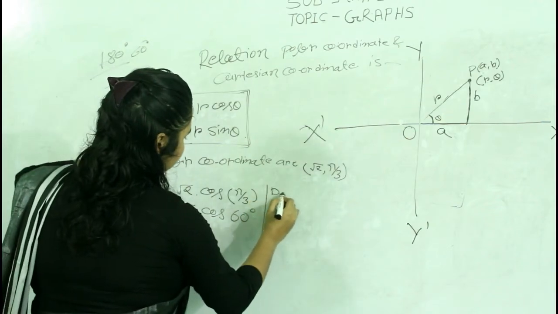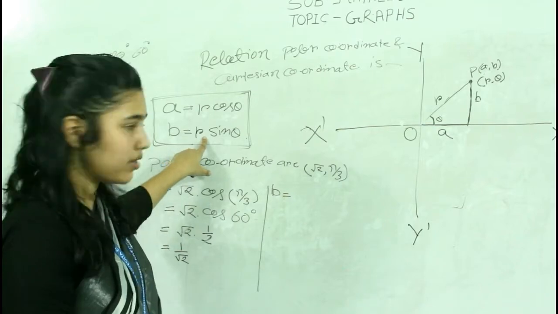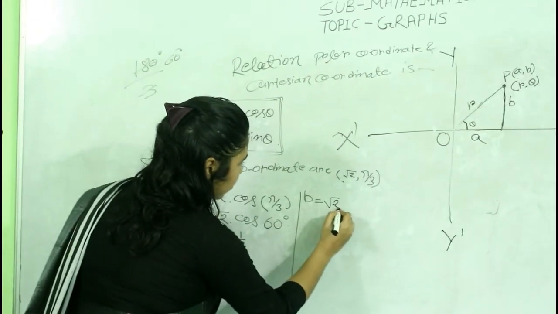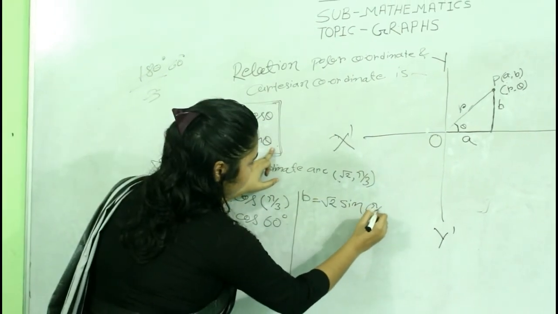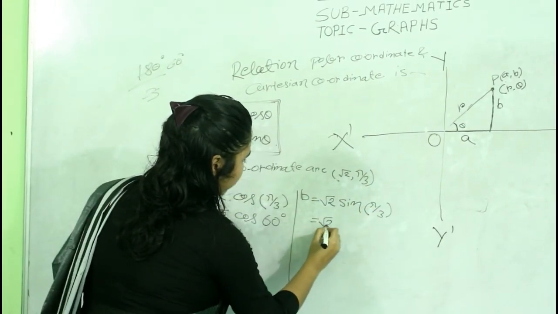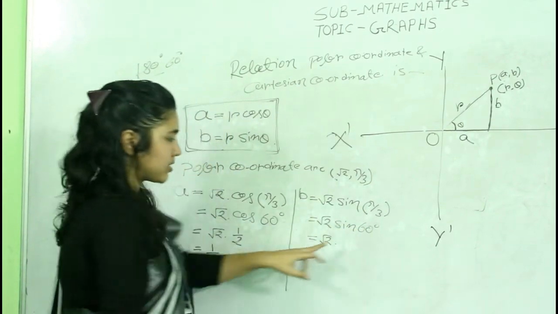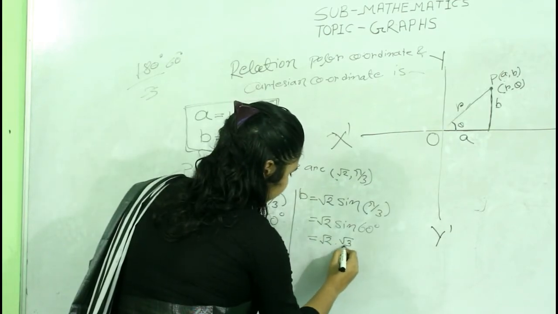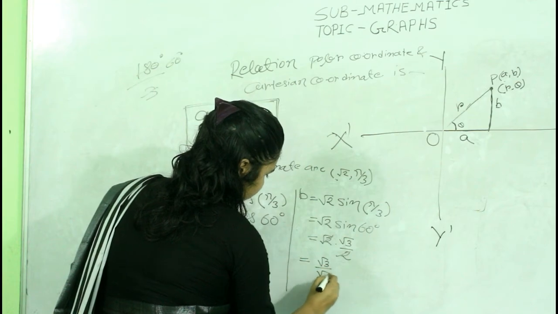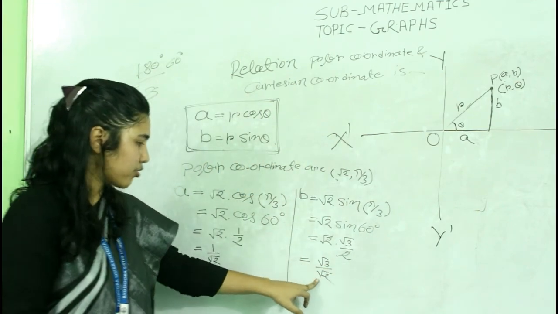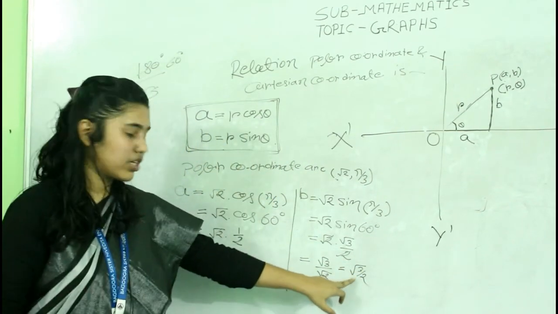Now b equals r sin theta. So in place of r put root 2 and in place of theta put pi by 3. This equals root 2 into sin 60 degrees, and the value of sin 60 degrees we know is root 3 by 2. Again cut this root 2 and 2, it will give us root 2 in the denominator, that means root 3 by root 2, which we can write as under root 3 by 2.